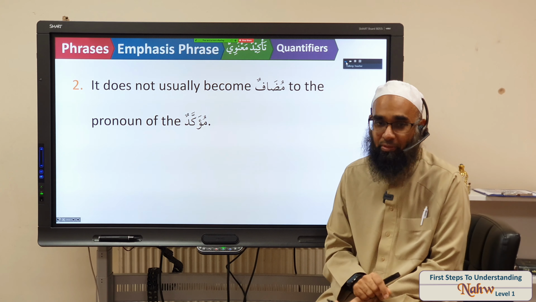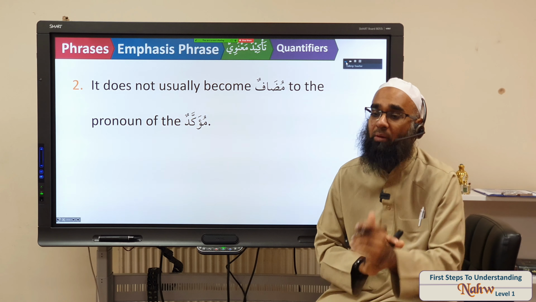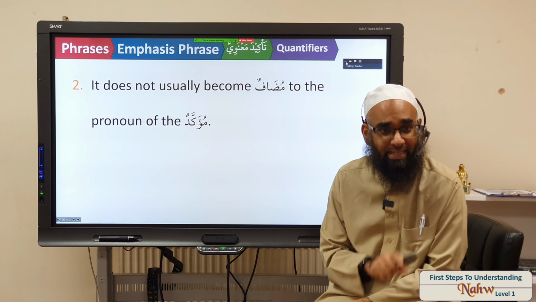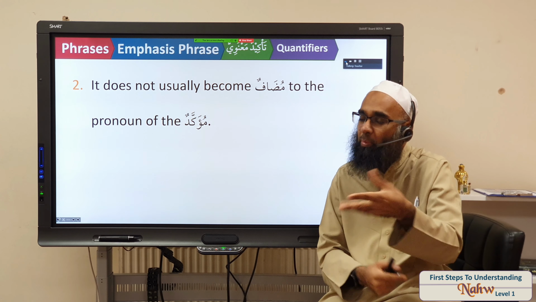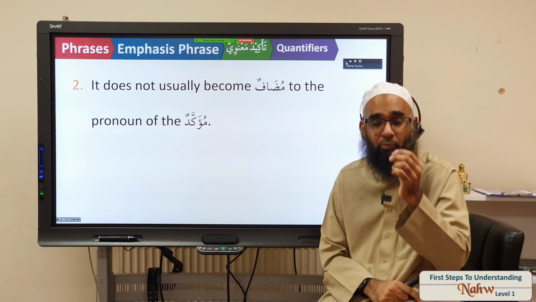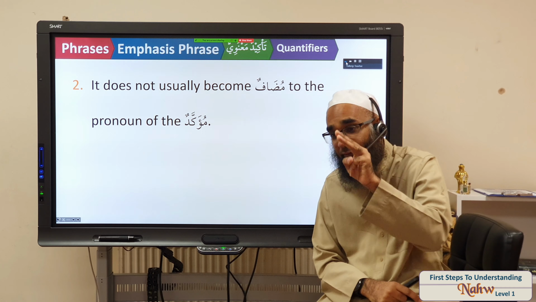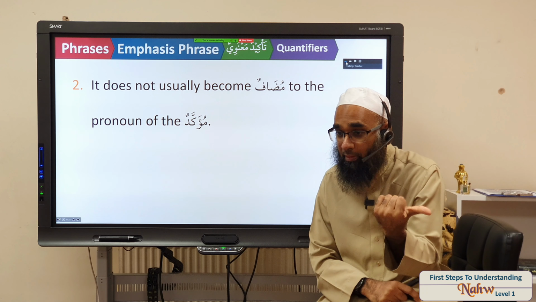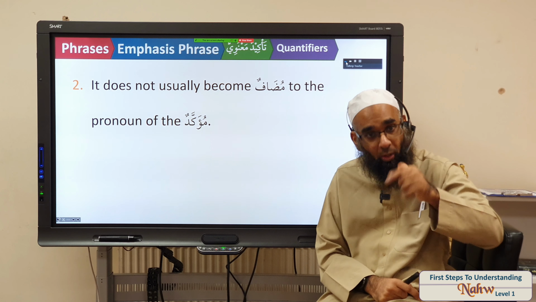The word ajma'un doesn't become mudaf ilay. It becomes ta'keed directly. Do you understand the second difference? So the second difference is that ajma'un does not become mudaf. It becomes ta'keed directly. All the other 3 have to become what? Mudaf to a pronoun, and that pronoun refers to the mu'akkad.